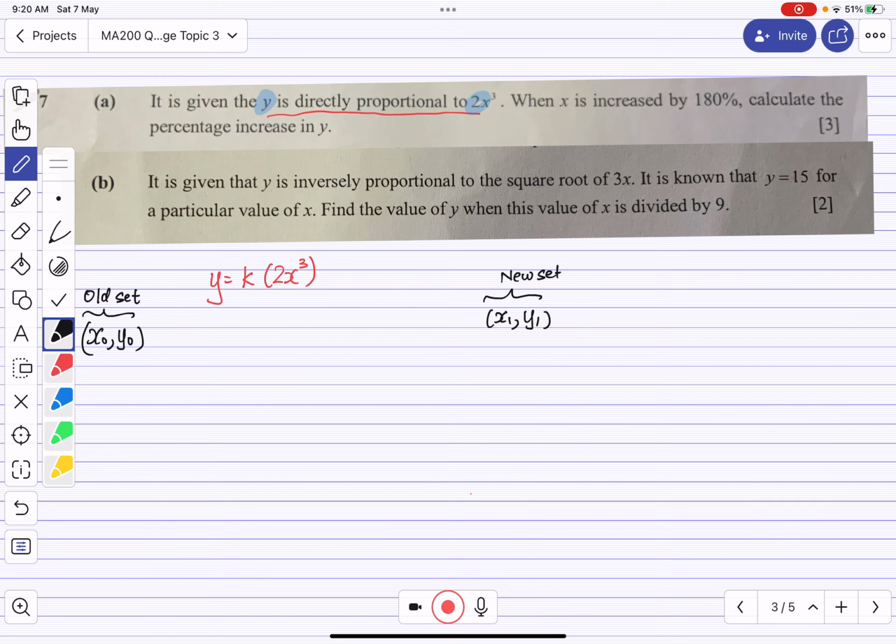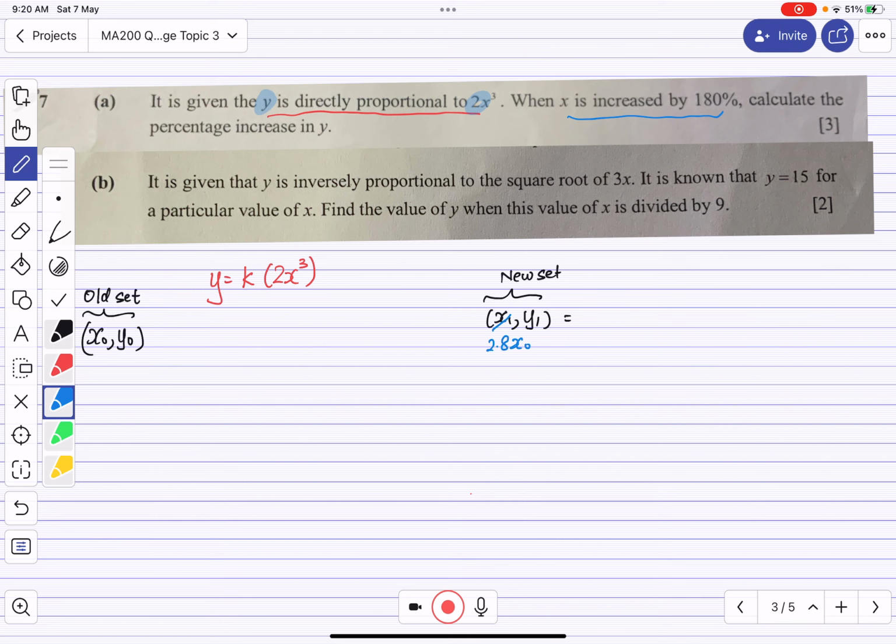Now for the new set of values, the relationship is that x is increased by 180%. It will tell you that x1 is replaced by 2.8 of x0. So this is what you need to take note of. Because when we say increase, a lot of people will say, oh, now I put the new x as 1.8 of the old x.